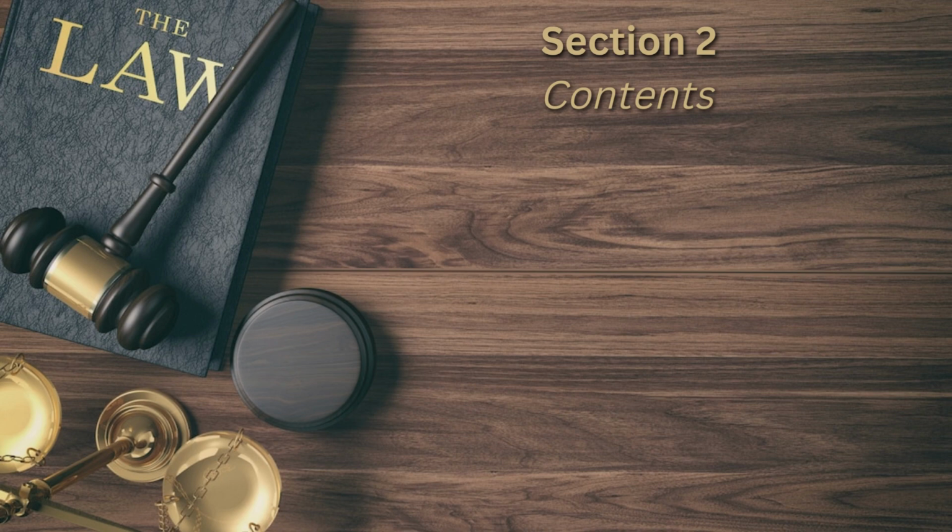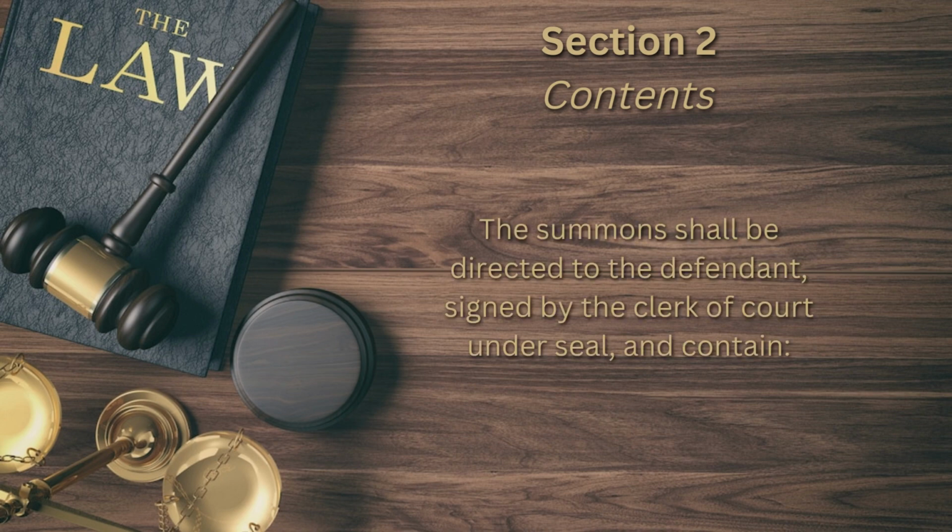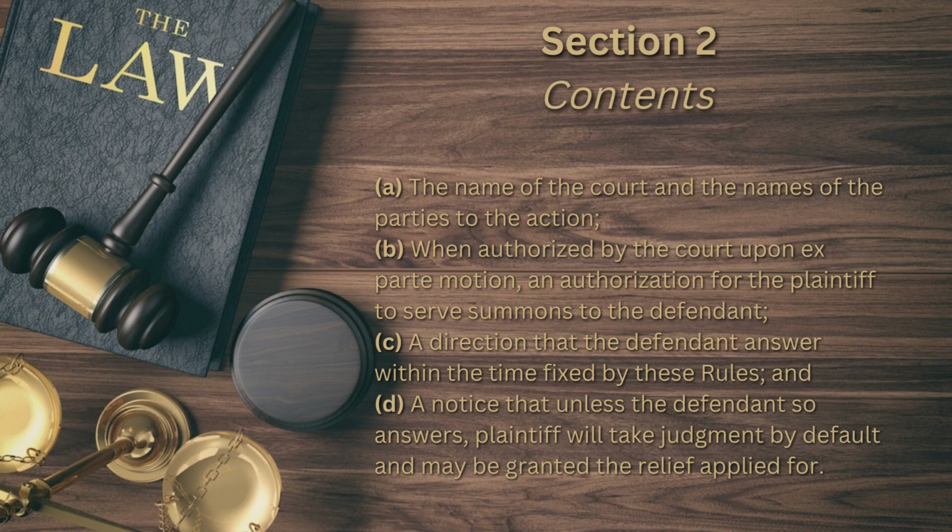Section 2. Contents. The summons shall be directed to the defendant, signed by the clerk of court under seal, and contain the name of the court and the names of the parties to the action. When authorized by the court upon ex parte motion, an authorization for the plaintiff to serve summons to the defendant.